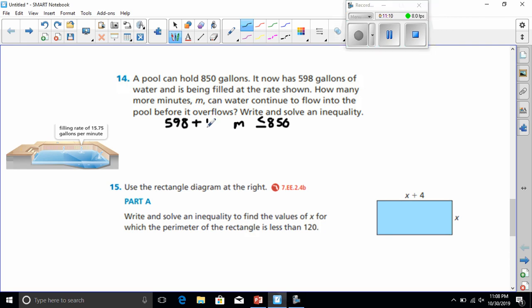So let's see, 15.75. And now we're ready to find out. It says write and solve. We wrote an inequality. Let's solve it. We're going to subtract 598 from both sides.